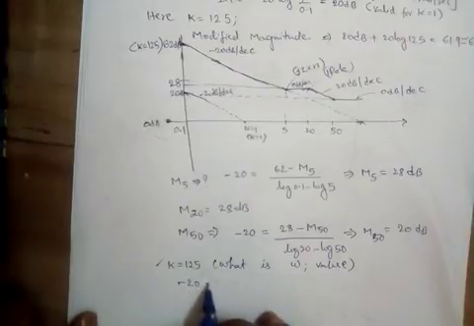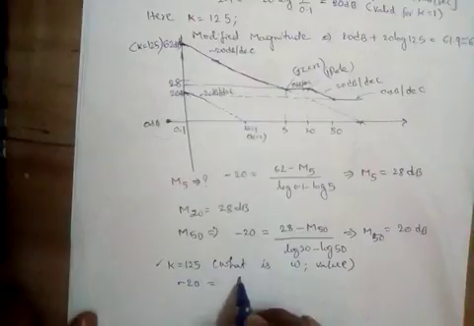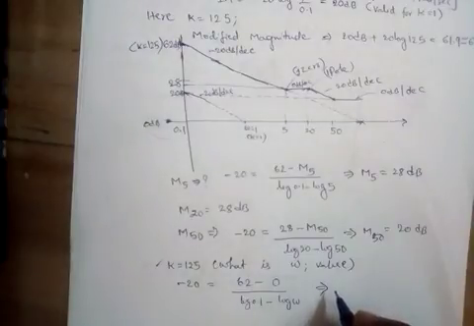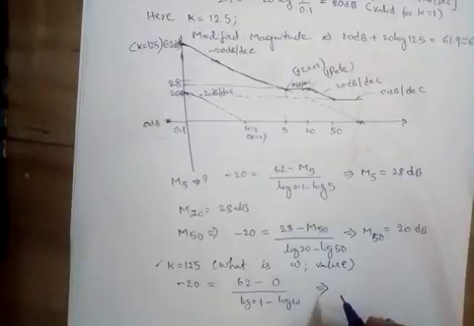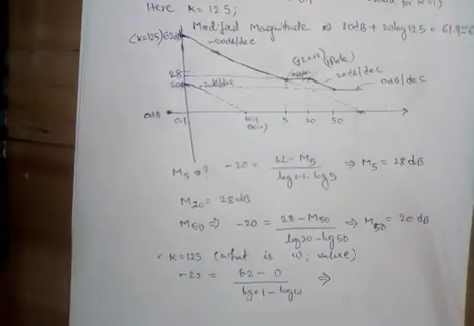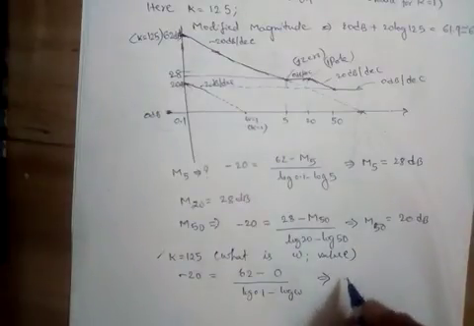That is, minus 20 is equal to the magnitude difference, 62 minus 0, by log of 0.1 minus log of omega. You get omega as 125.